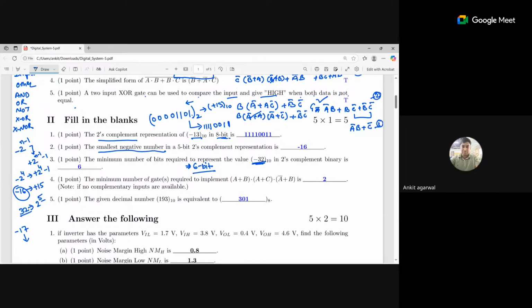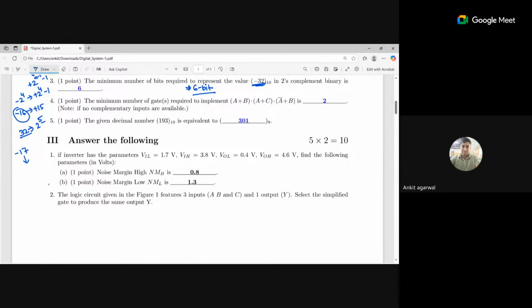So basically, if you are saying 2 raised to power 4, it can only be 16. For the representation of 17, we go to 5 bits. Up to 15 we require 4 bits.